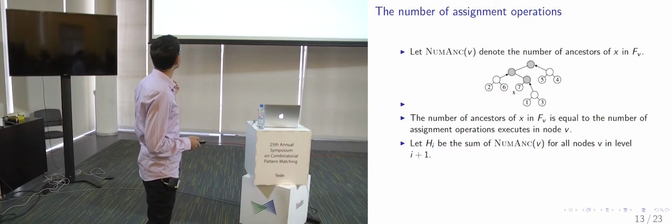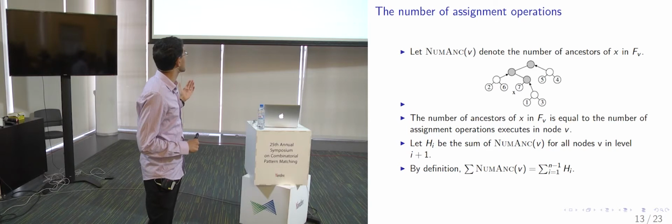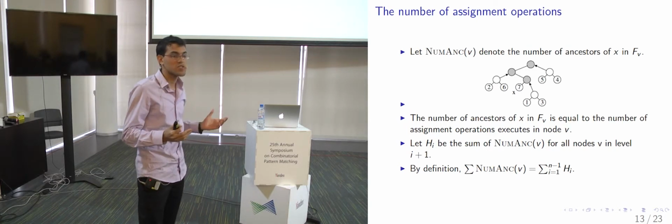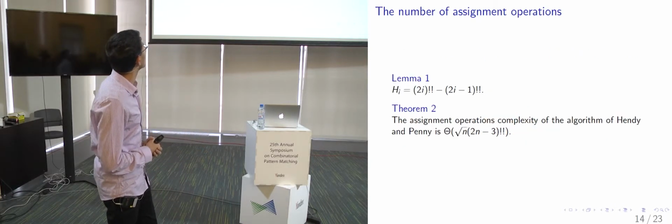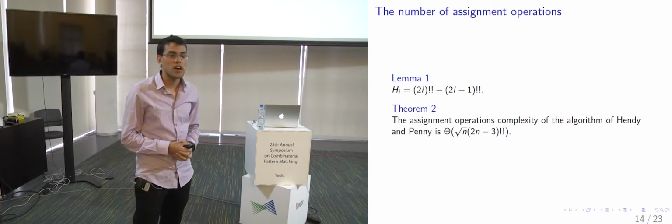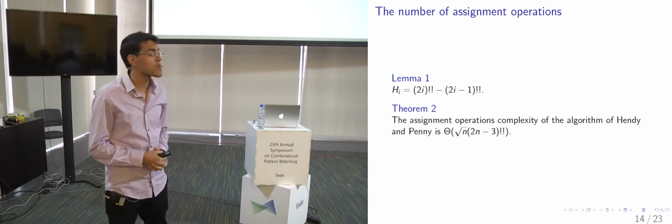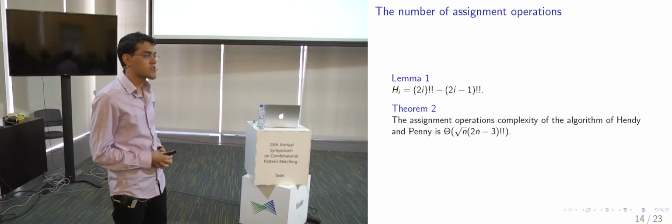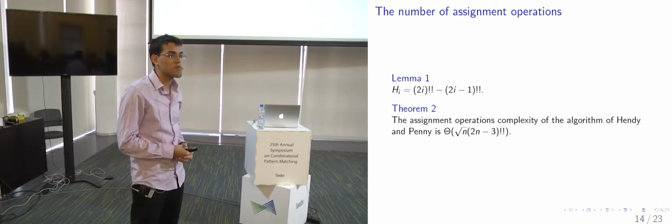By this definition, this equality holds. Our purpose now is to sum over num_unc for the entire search space tree, which is equal to the sum of H_i. In Lemma 1, we show that H_i is equal to (2i) double factorial minus (2i minus 1) double factorial, which leads to Theorem 2, where we show that the worst-case running time of Hendy and Penny is equal to square root of n times (2n minus 3) double factorial.